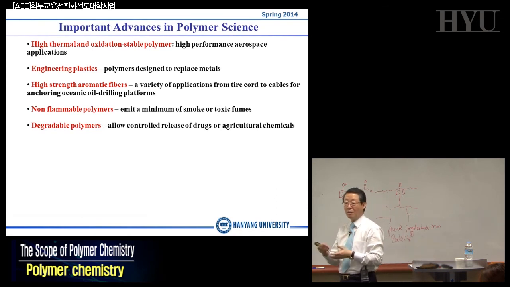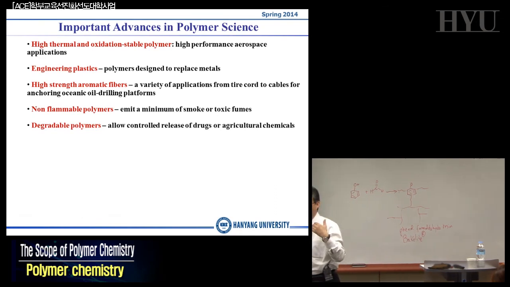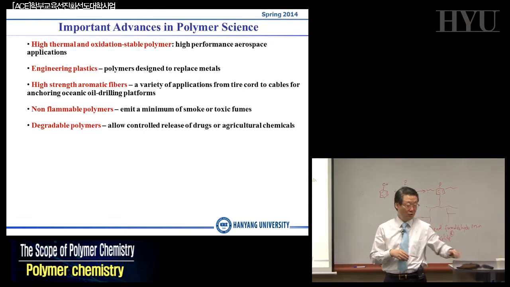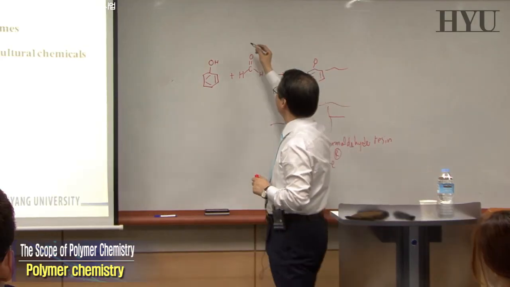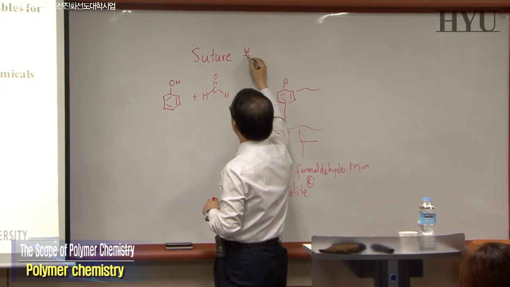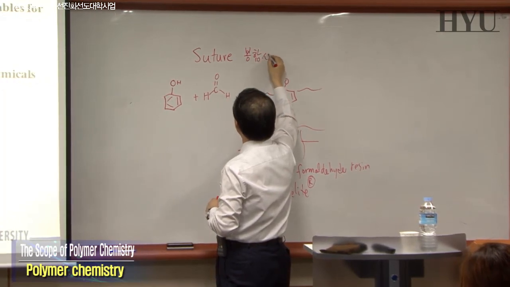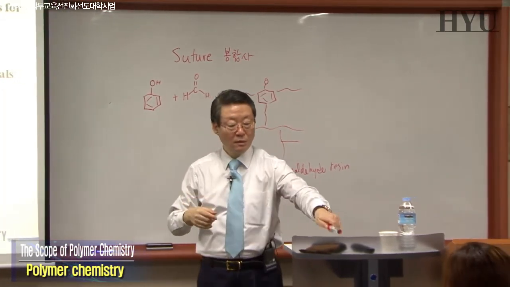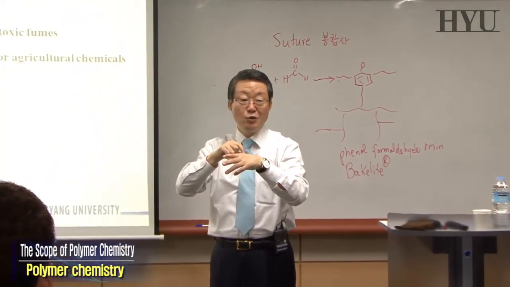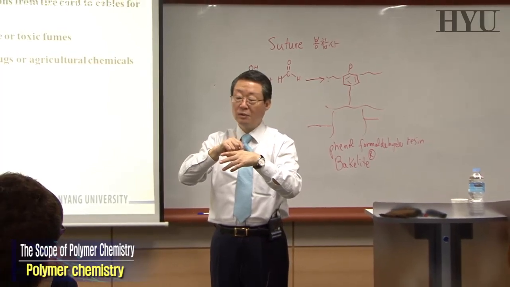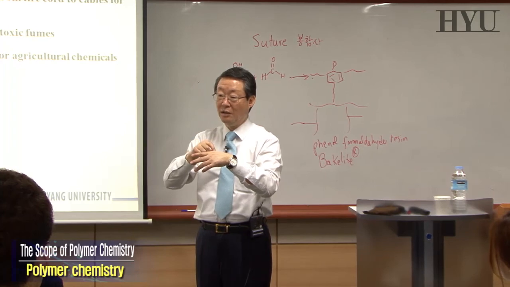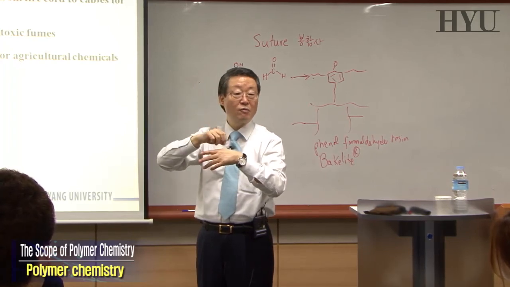Degradable in the environment, degradable in your body. Okay. Suture is a fiber that will stitch your injured parts. But a long time ago, you needed to go to the doctor again to take this suture out of your body.